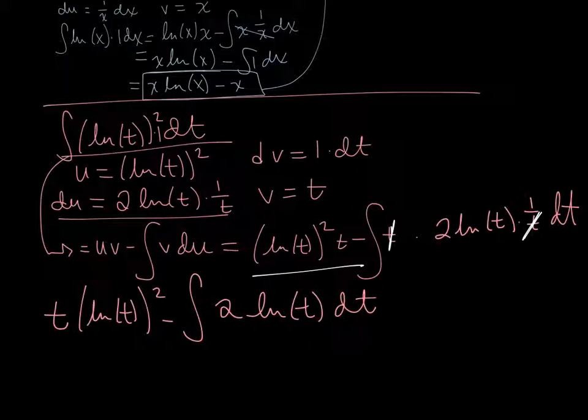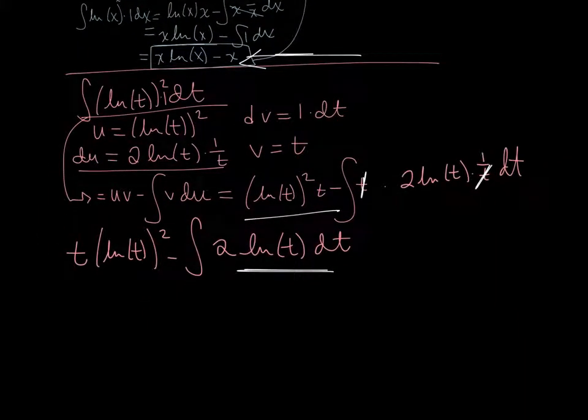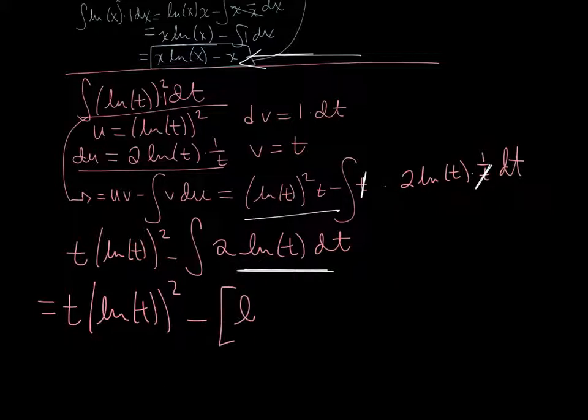As you can see, we're now to why I said you needed this proof up here, because we're now to that step. In this case, I can rewrite this as t ln of t squared, and then minus 2 times the integral of ln of t.